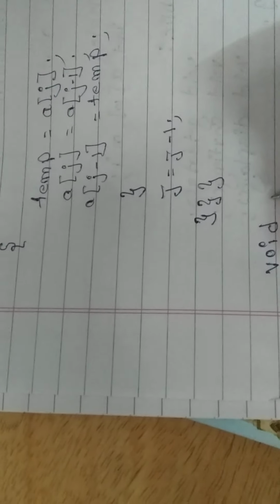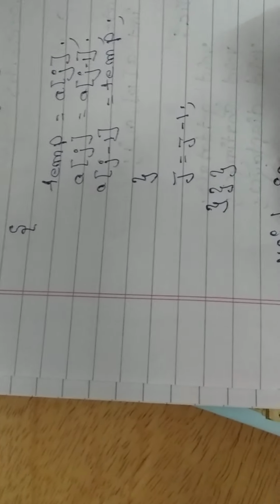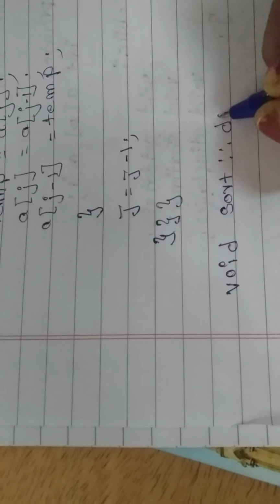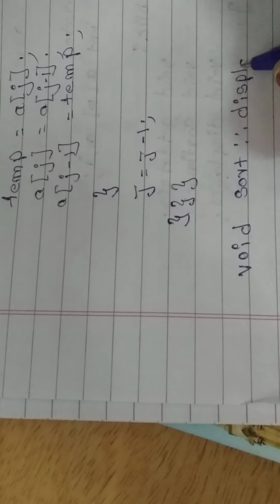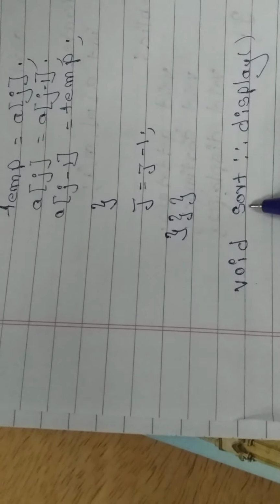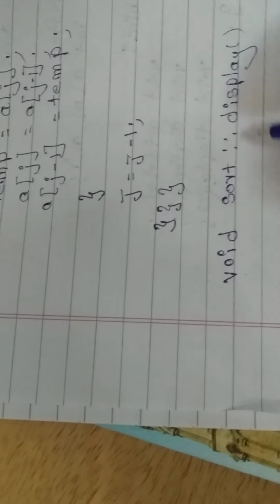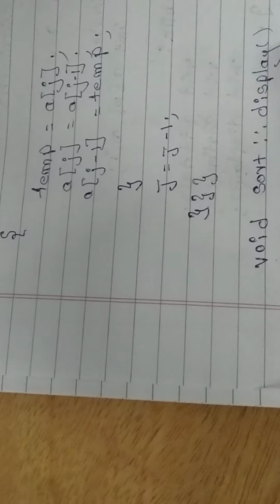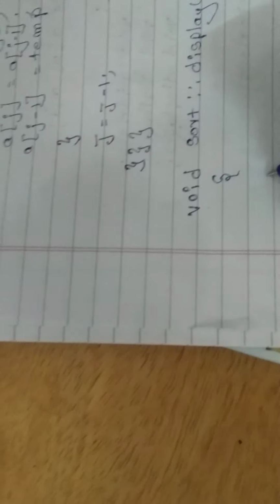Now the third function is display. When I am defining the function outside the class: return type, class name, scope resolution operator, function name. A small mistake came here. This sort is the same for all of them. So what did we do here?